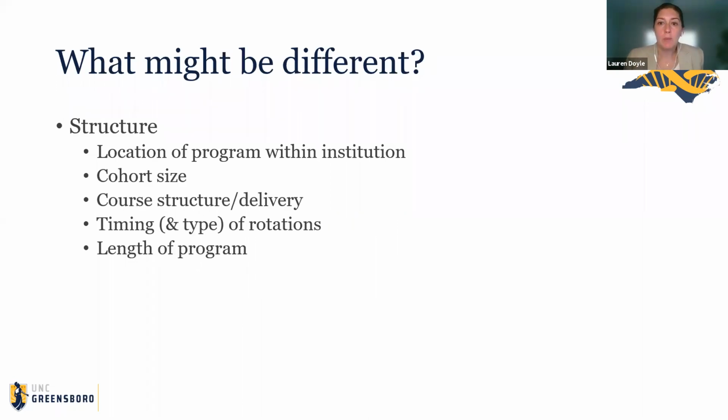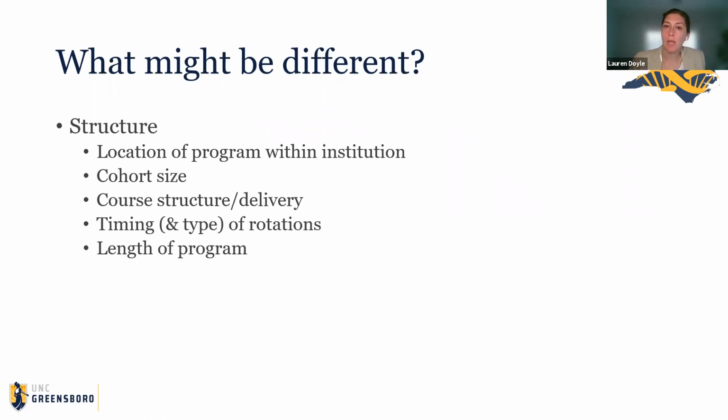So what else might be different? One category to pay attention to is the structure of the program. An easy place to start is where the program is located within the institution. And I don't mean what's the building address, but what is the academic component of that. So some programs are housed within medical schools.